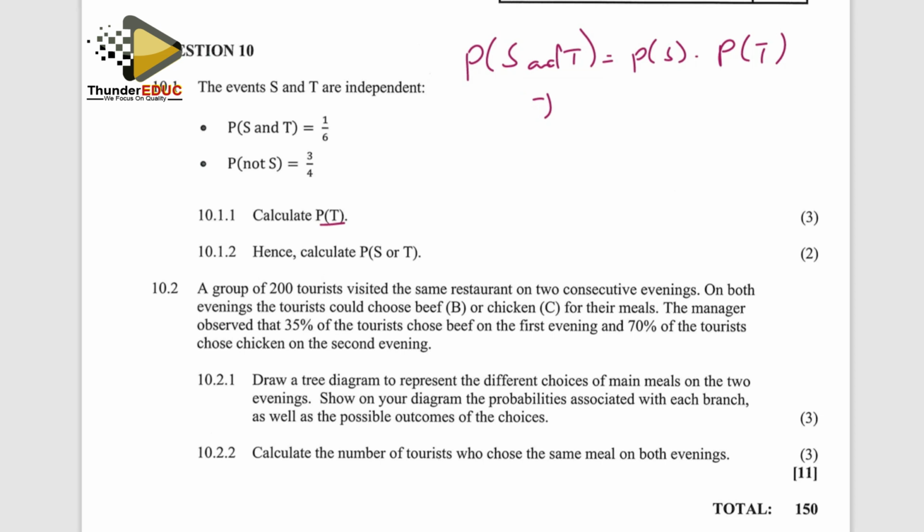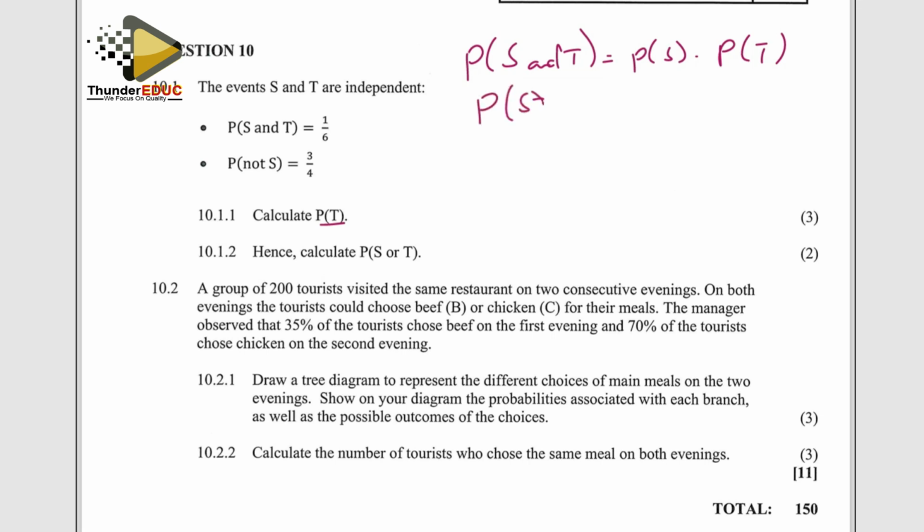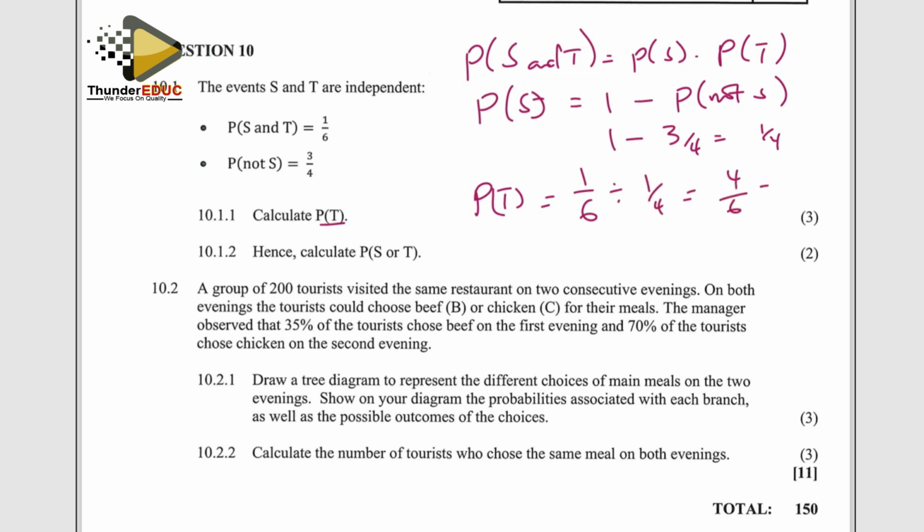We also need to get P of S. Okay, P of S is going to be 1 minus the probability of not S. So what is 1 minus 3/4? That gives us a quarter. Then to get P of T alone, it's going to be 1/6 divided by P of S, which is a quarter. That's going to be 4/6, which is 2/3.